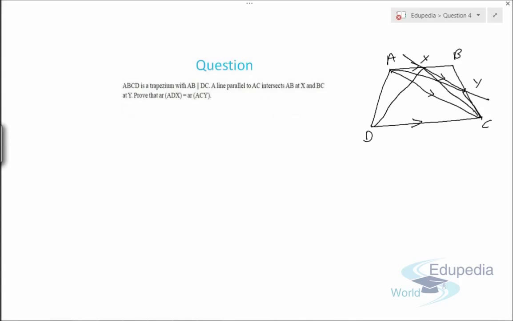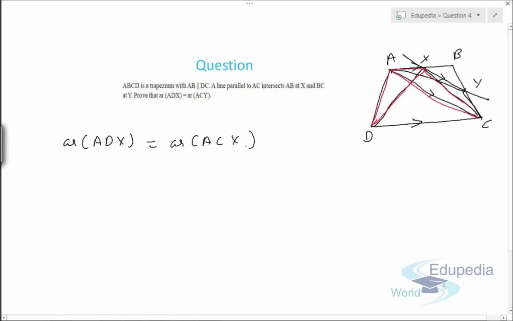Now, what we need to do in this question is, we can see properly that area of ADX is equal to area of ACX. Why? If you see properly, area of ADX, let me use a different color, equals area of ACX.